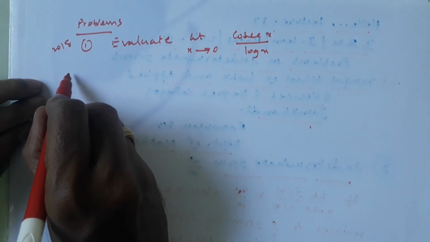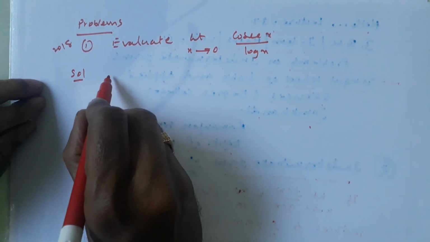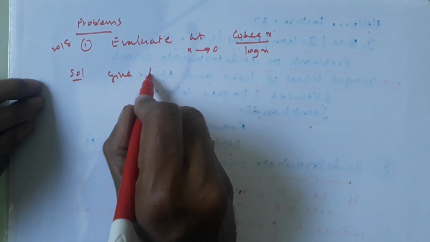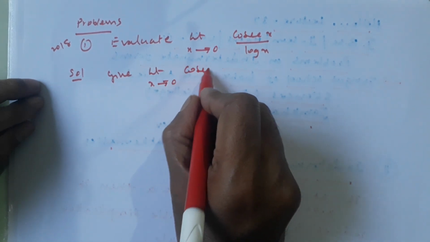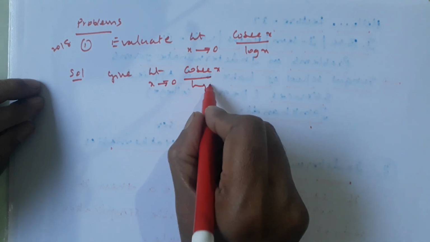Solution. Given limit x tends to 0 cosecant x by log x.